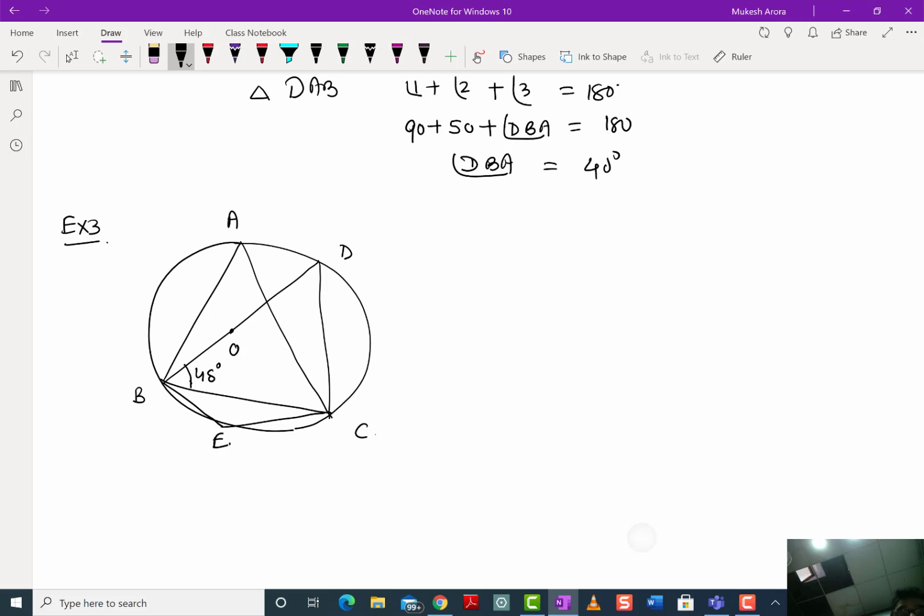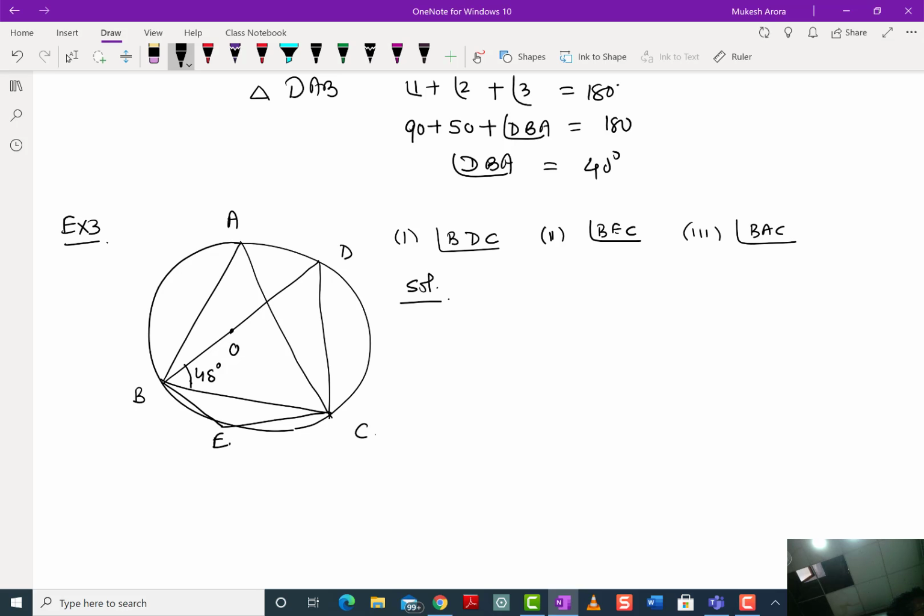We have to find angle BDC, angle BEC, and angle BAC.